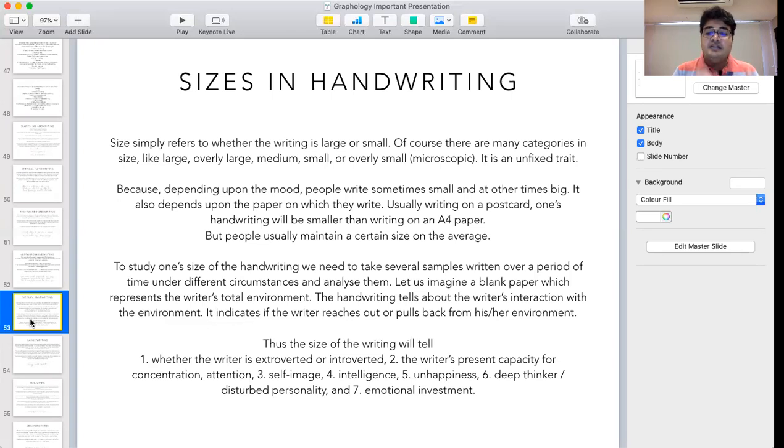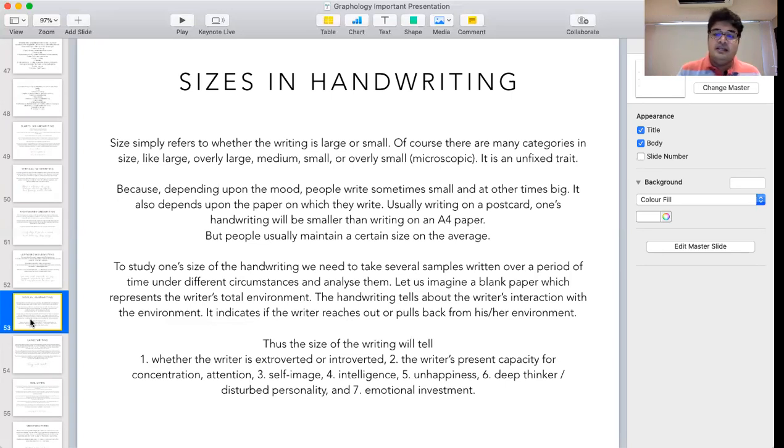Secondly, the writer's present capacity for concentration, attention. Third would be self-image. Fourth would be intelligence. Fifth would be unhappiness. Sixth would be, is this particular person a deep thinker or a disturbed personality? And seventh is emotional investment.